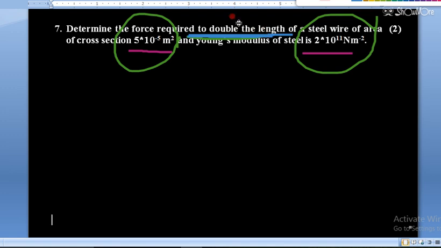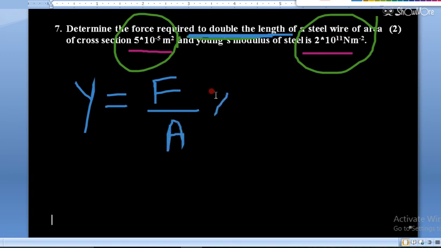First of all, you have to know that Young's modulus Y is equal to stress by strain. Stress is force upon area. Strain is change in length by the original length.